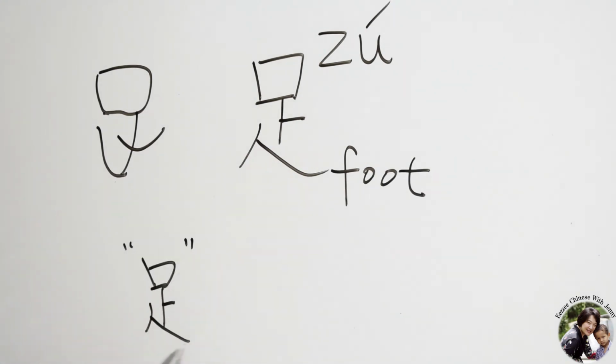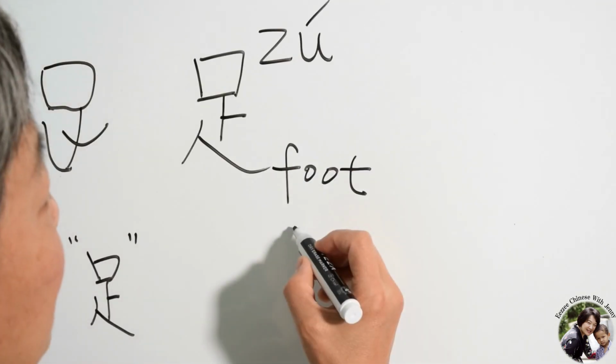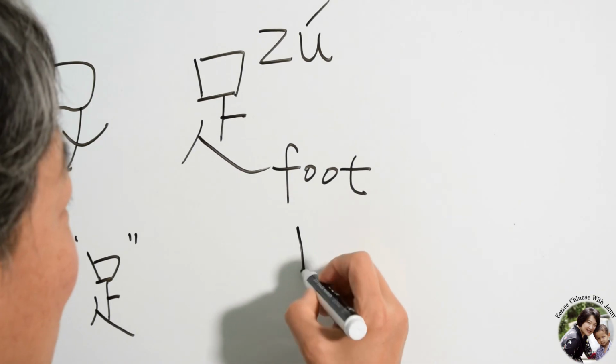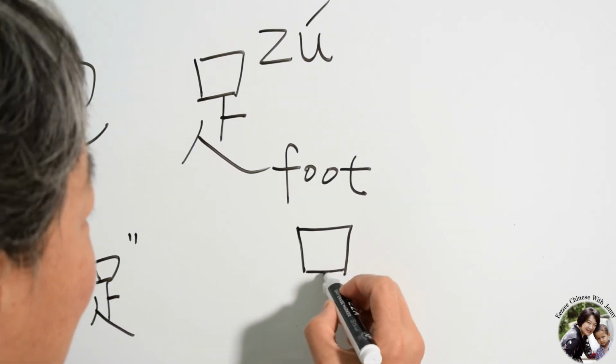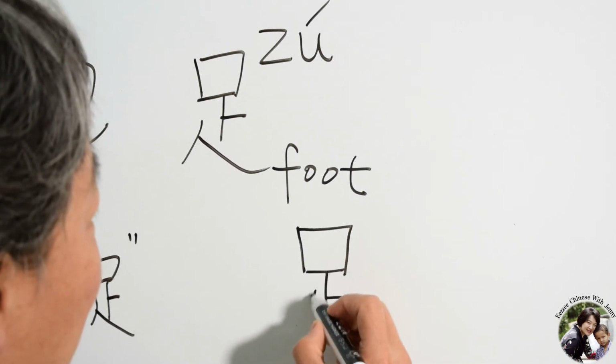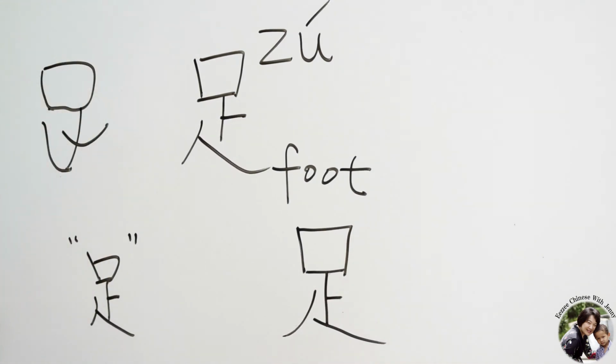And it is also a radical for many characters related to actions you complete with your foot. Kou, the mouth on top first. Shu, heng, zhe, heng. Shu, heng, pie, na. Zu.